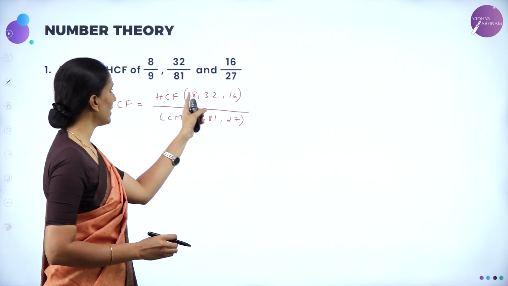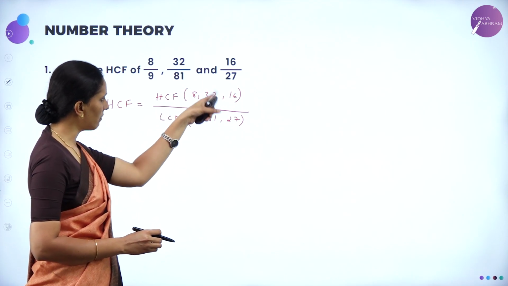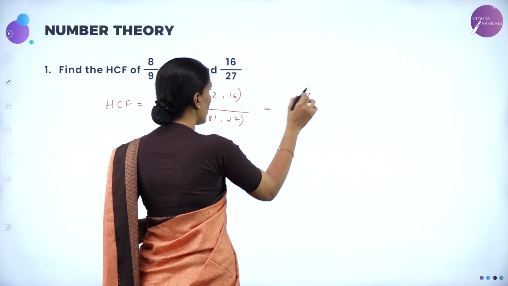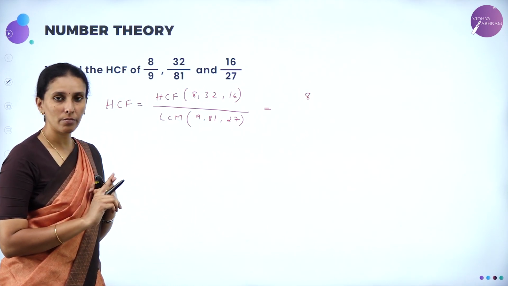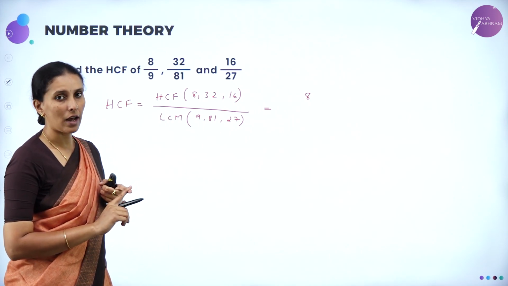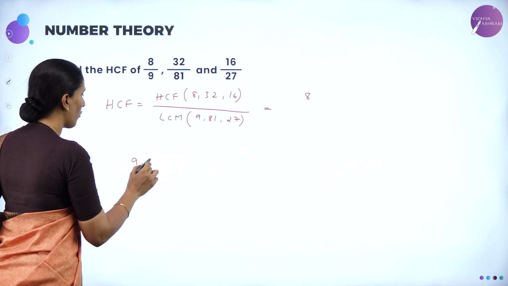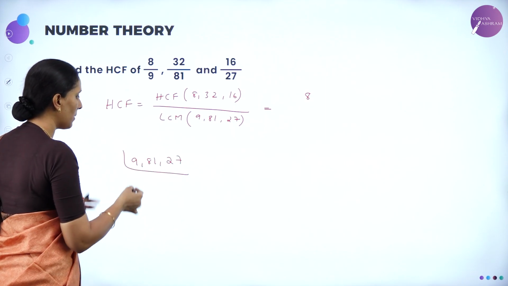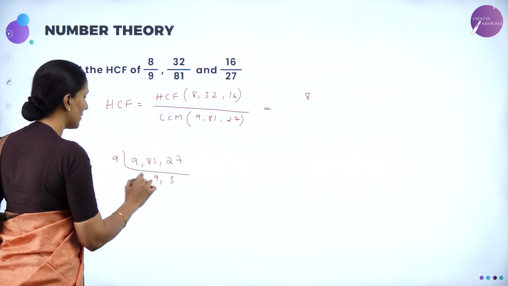Now to find the HCF, clearly we can see 8 divides 8, 8 divides 16, 8 divides 32. So clearly the HCF of these three numbers is 8. If you don't know how to calculate, you can either use the prime factorization method or you can use the Euclid division algorithm. Now to find the LCM, we know the common procedure of the long division method, that is, we can directly divide with the prime numbers or by the common factors. 9 ones are 9, 9 nines are 9, 9 threes are 9.